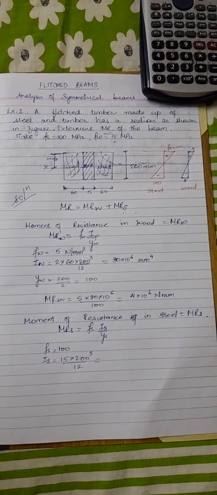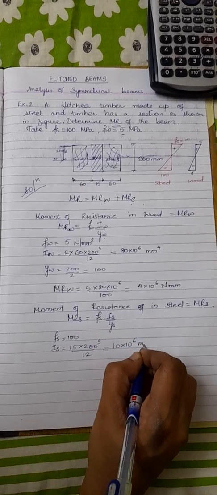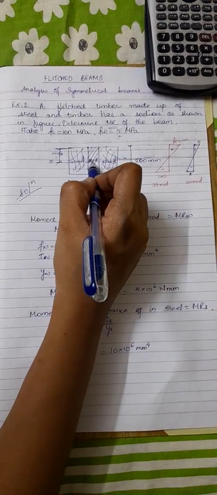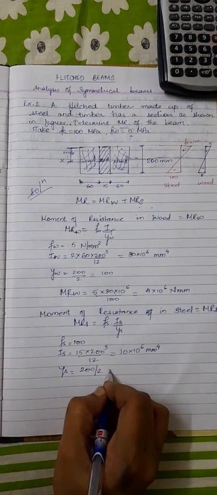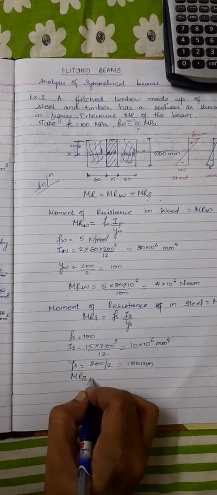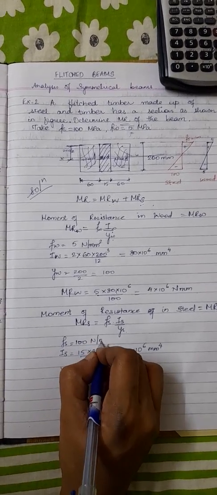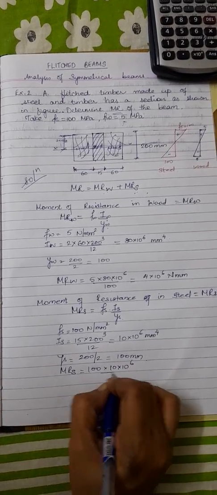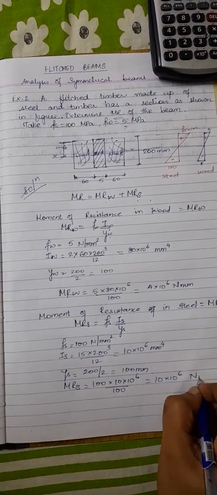That is 10 into 10 raised to 6 millimeter raised to 4. And what is Ys? Ys is from the neutral axis to the extreme fiber, so again it is 200 divided by 2, 100 mm. Substitute the values in the formula, this is Newton per millimeter square. 10 into 10 raised to 6 divided by 100, so this is 10 into 10 raised to 6 Newton millimeter.